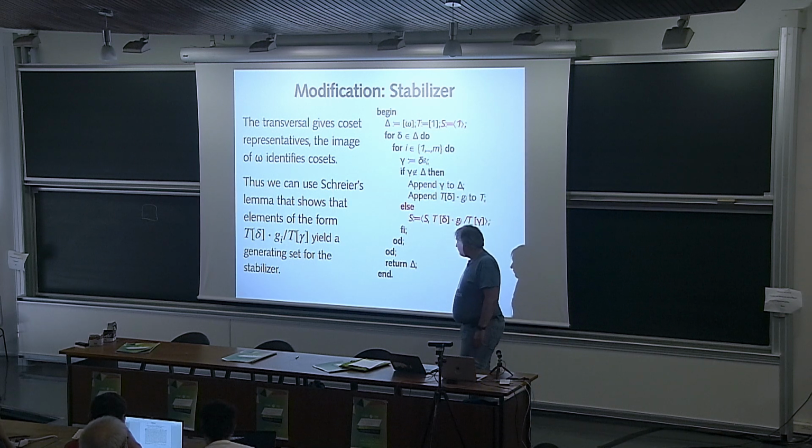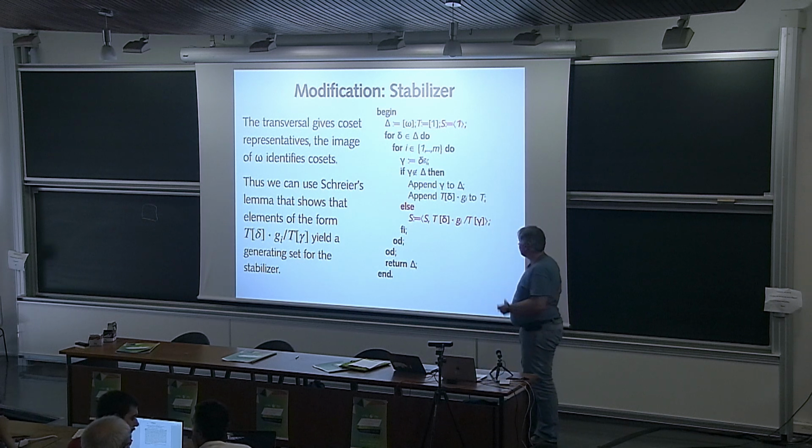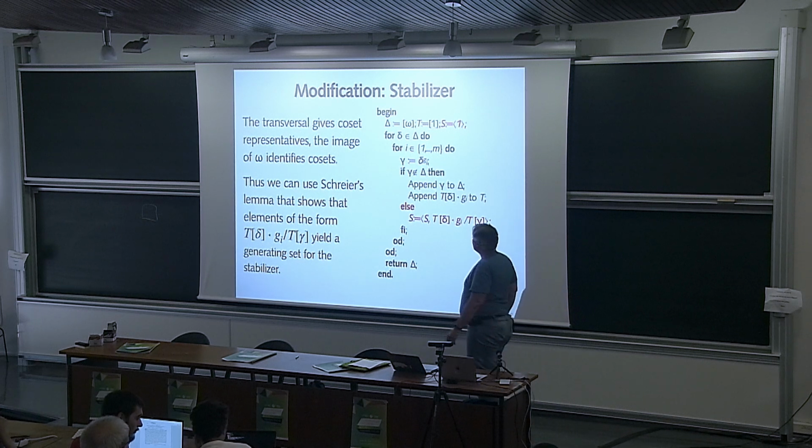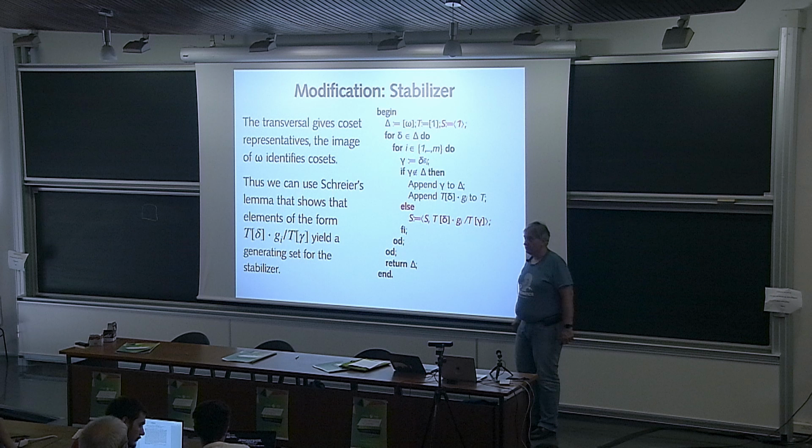The slight problem with it, well, it's actually not just a slight problem, but a fundamental problem for a lot of the algorithms: if you just count how many generators you get here, that's again the length of the orbit times the number of generators of the group.